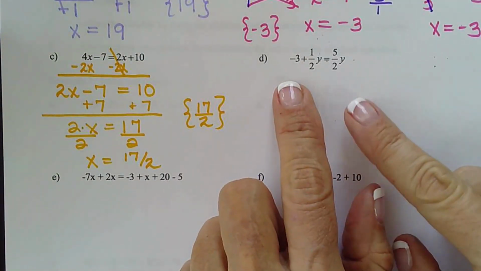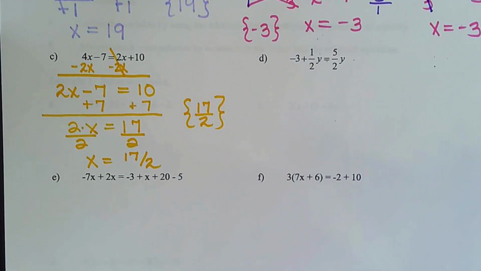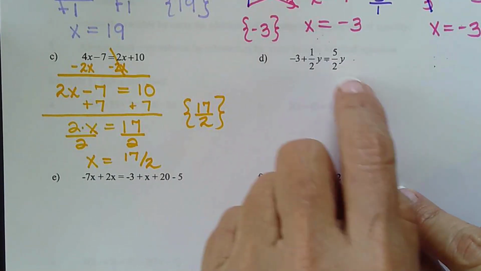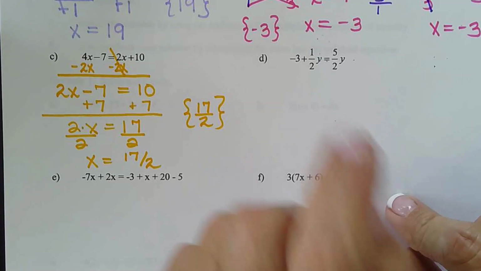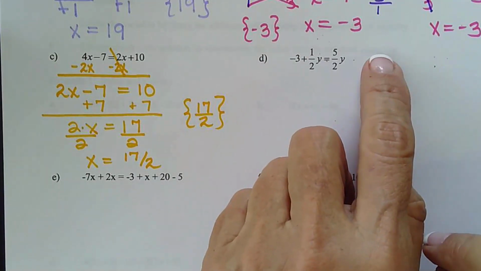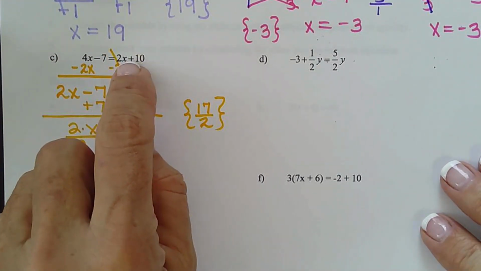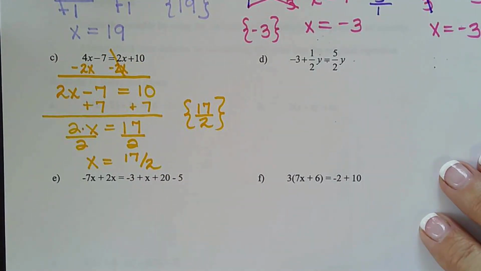Okay, this one we did earlier in this lesson on a separate video. We said that when bringing the variable over leaves an open space with nothing there, it's better to move your constant first. So remember how I said 95% of the time you're going to move your variable first.